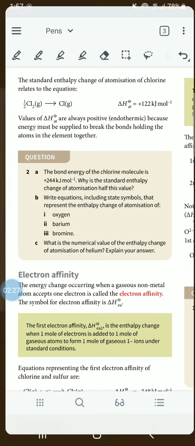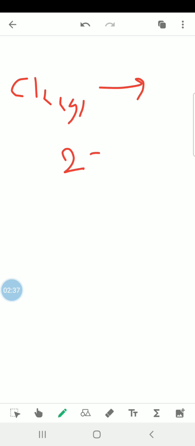The Cl2 gas molecule turning into 2 Cl atoms in gaseous state, that is what we refer to as the bond energy of chlorine.